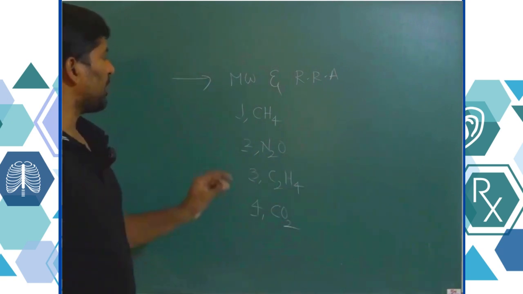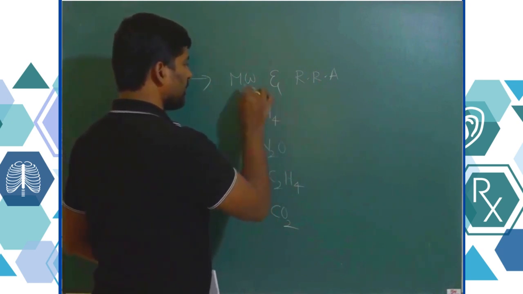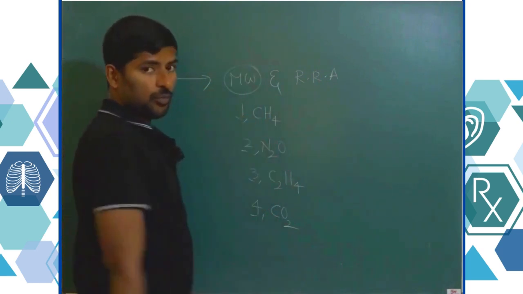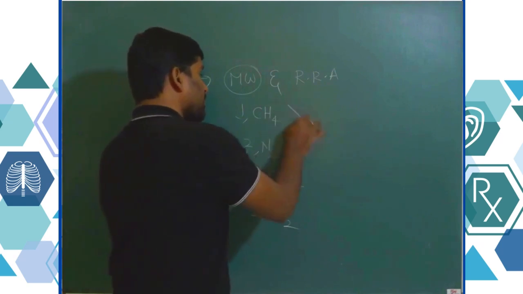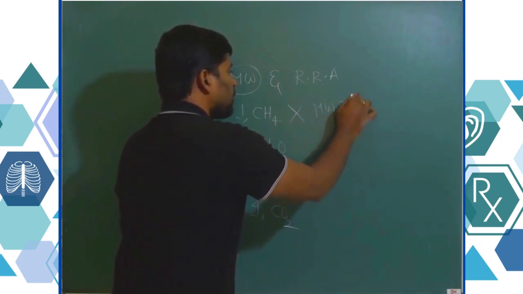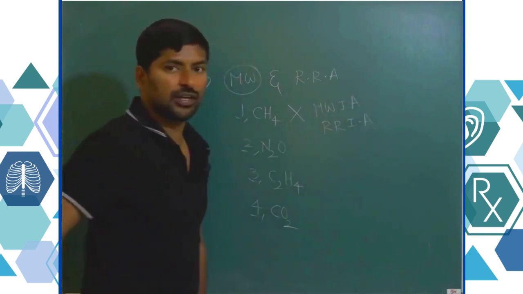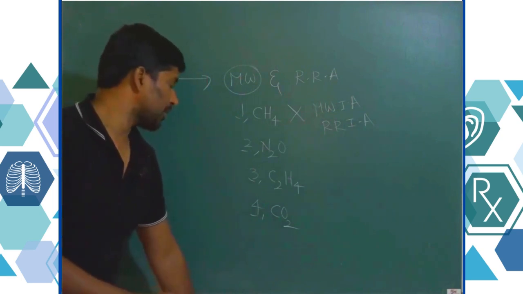We know centrosymmetric molecules are microwave inactive. So centrosymmetric molecules and spherical top molecules. CH4 is a spherical top molecule, it is microwave inactive, and it is also rotational Raman inactive.